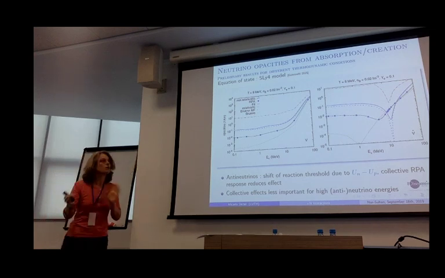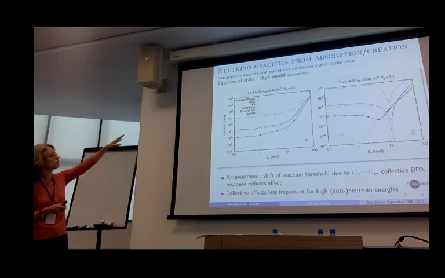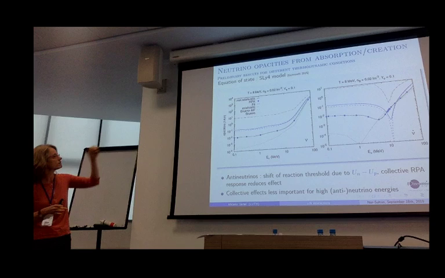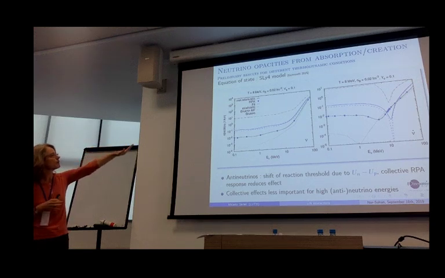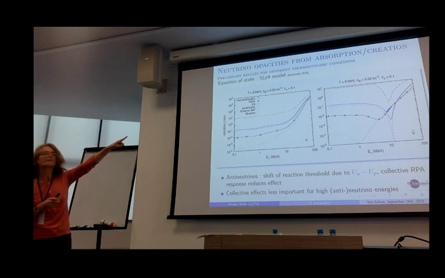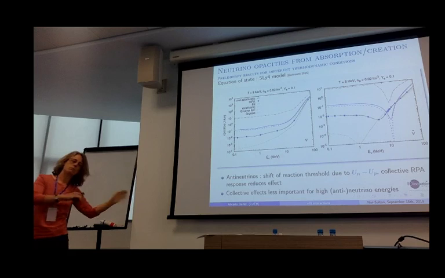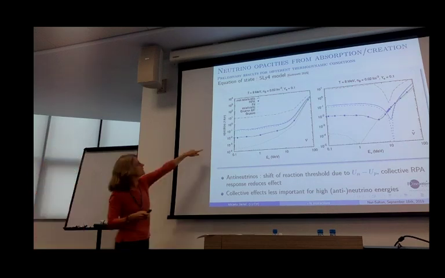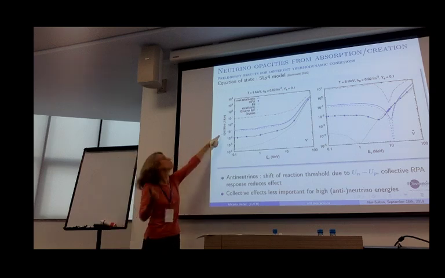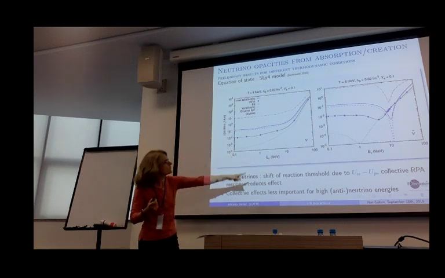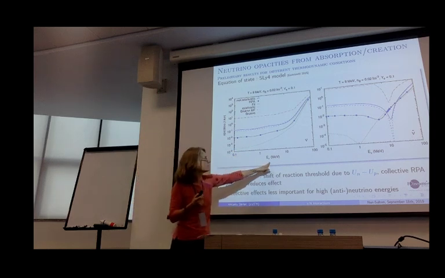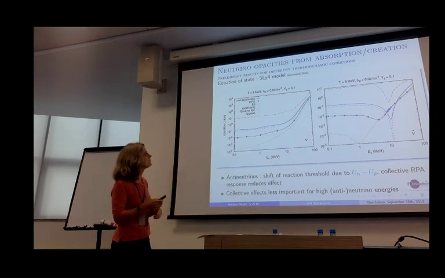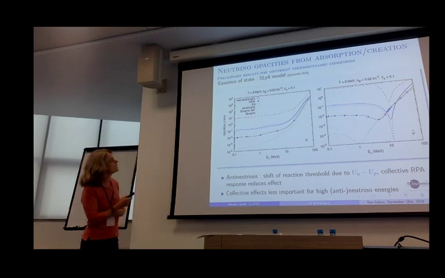Now I will show some of the results using the different levels of approximation I just explained for different conditions. Here I use one particular equation of state, shown for some typical conditions. Here it's more neutron-rich matter, so it would be more for the binary merger case. What is shown here are the opacities, the inverse mean free path, for neutrinos on the left and antineutrinos on the right, as a function of the neutrino or antineutrino energy, and the different curves correspond to different approximations.